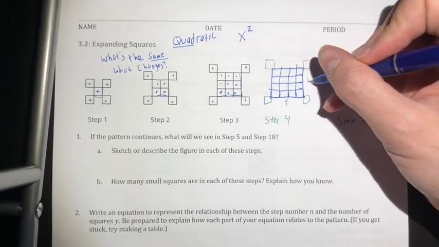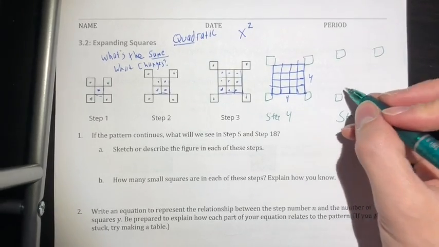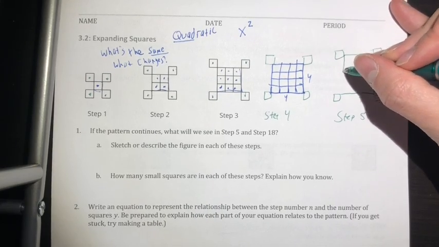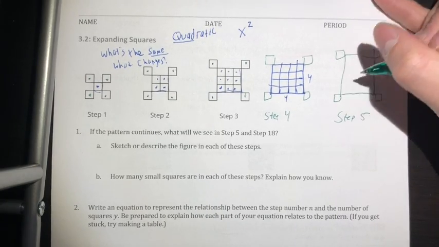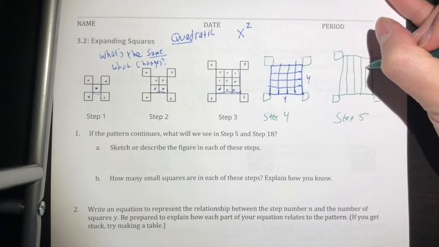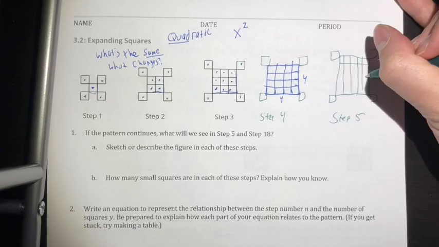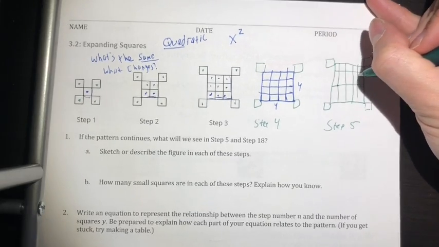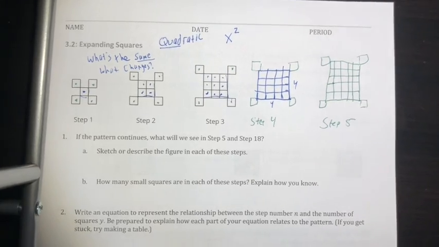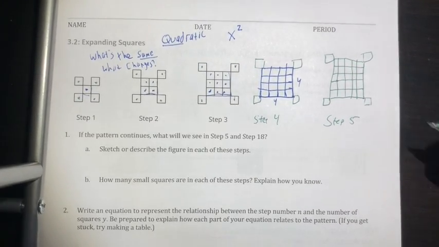And step 5 is going to be a 5 by 5, which is more difficult. Let's see, I'll cut off an end. I'll do the rest in half and half again. That's not bad. I did pretty good. All right, so we got a 4 by 4 and a 5 by 5.